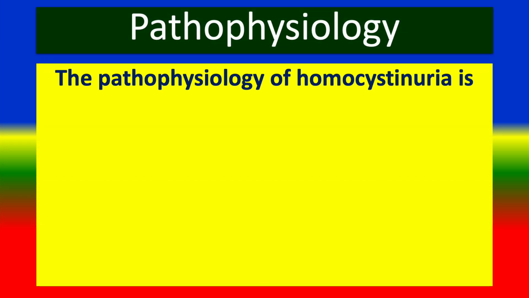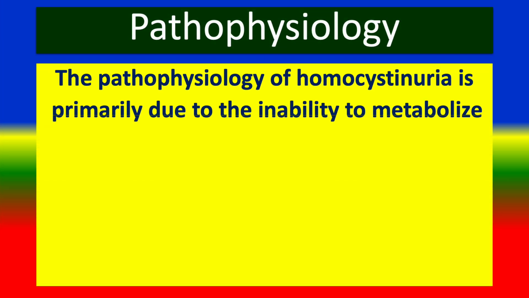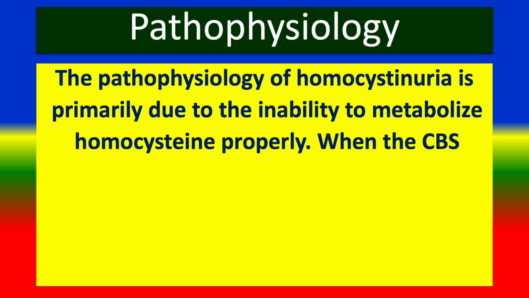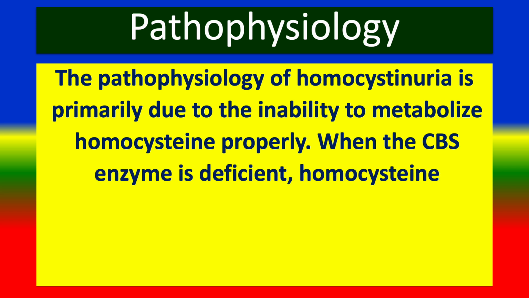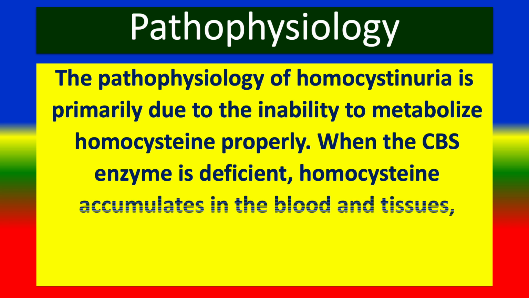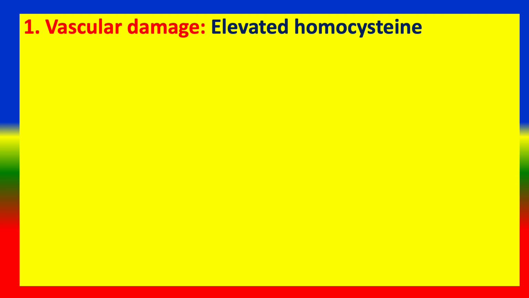Pathophysiology. The pathophysiology of homocystinuria is primarily due to the inability to metabolize homocysteine properly. When the CBS enzyme is deficient, homocysteine accumulates in the blood and tissues, leading to 1. Vascular damage.